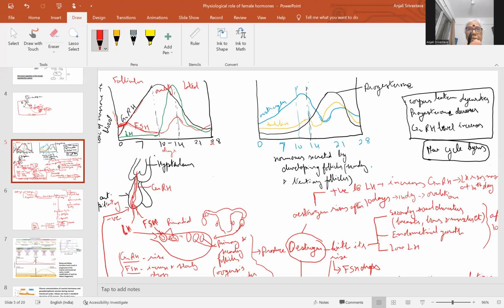ये follicles का development slow होने लगता है, और उसकी वजह है FSH का प्रोडक्शन कम होने लगता है.